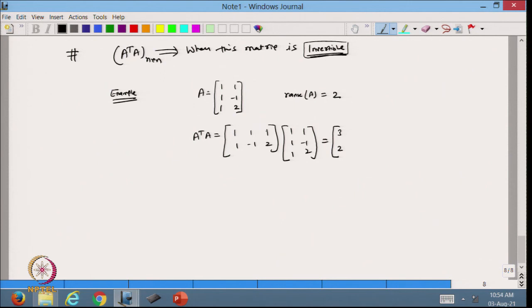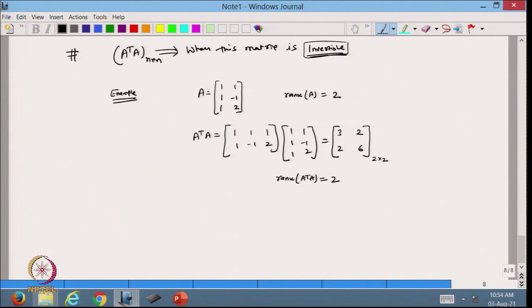Then this is again 2, and this one is 1 plus 1 plus 2 plus 4, 6. This is of course 2 cross 2, and also we know that the rank of A transpose A here is 2 because they are not scalar multiples of each other. It is 3 2, it is 2 6.